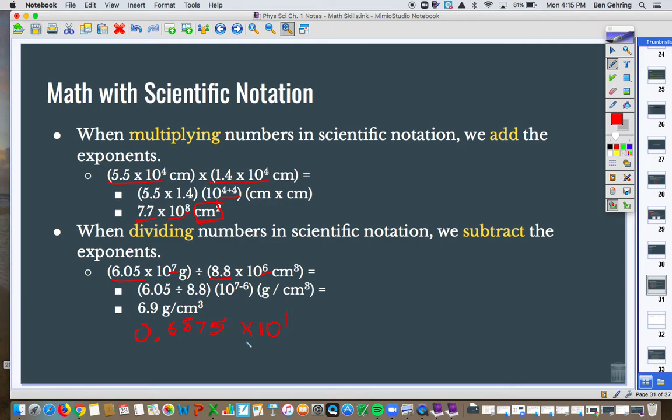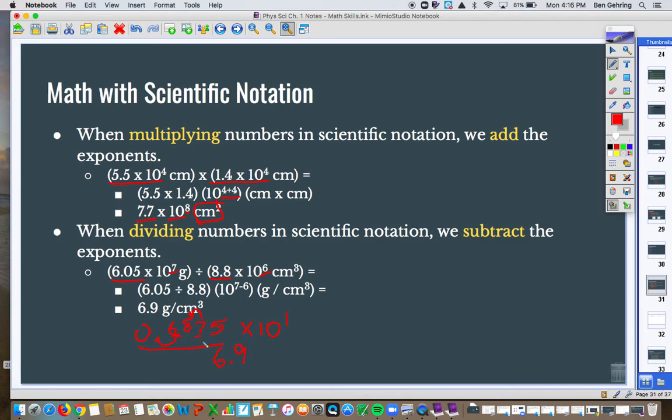And because I did that, remember I have to make this number between 1 and 10. To do that, I'm going to move my decimal one place over to there. So it's going to be 6 point, and we're going to talk about significant figures in a little bit. Using this, we have 2 significant digits, so we're going to round to two numbers. So the 7 rounds the 8 up to a 9, so we have 6.9.